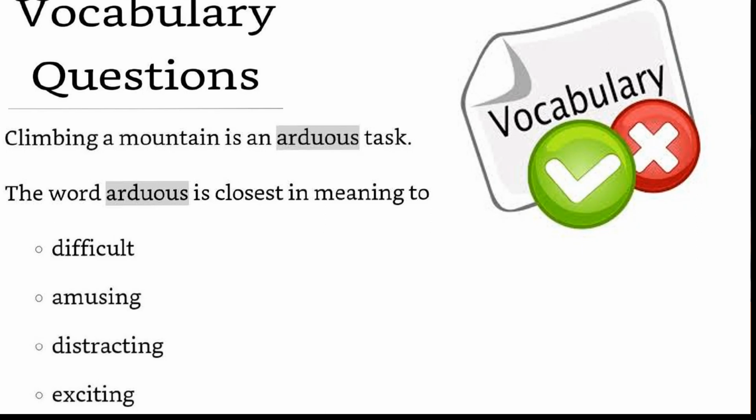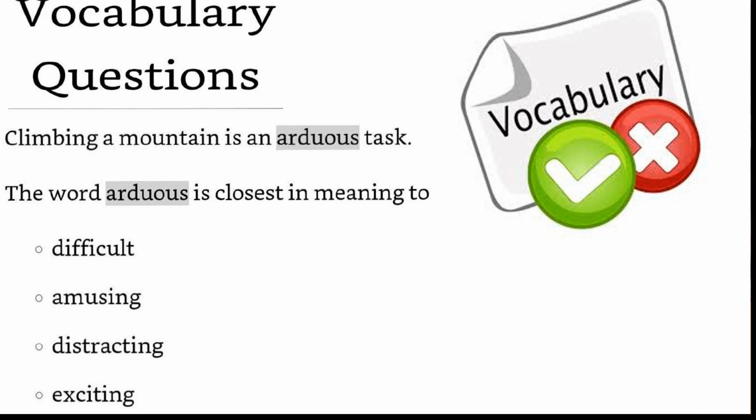Let me read for you. Climbing a mountain is an arduous task. The word arduous is closest in meaning to difficult, amusing, distracting, exciting. On all Cambridge exams, especially TOEFL, IELTS, GMAT, GRE, SAT verbal part, choose the word you consider the closest synonym to the highlighted word that makes sense in the context.